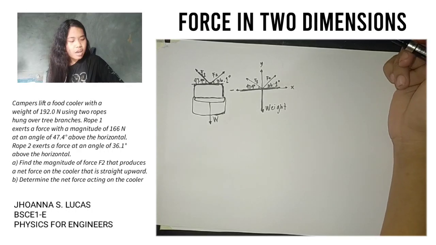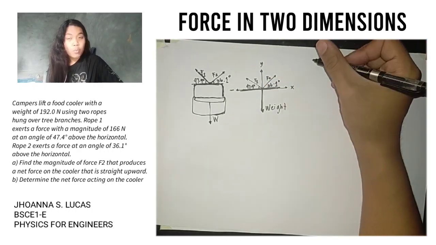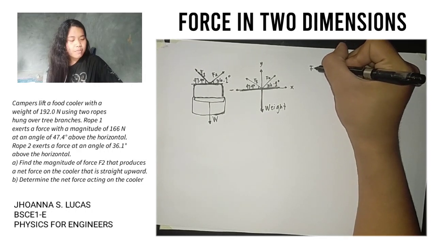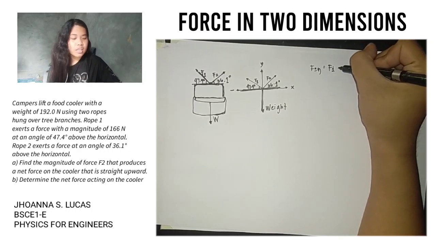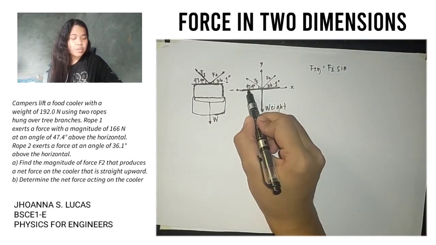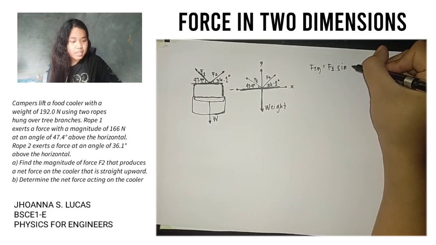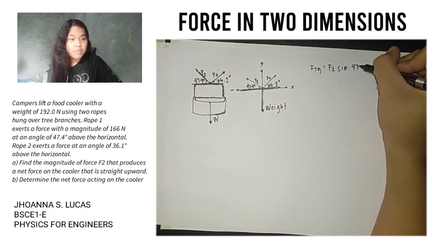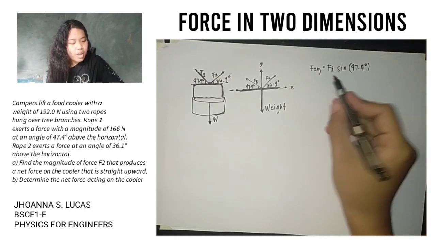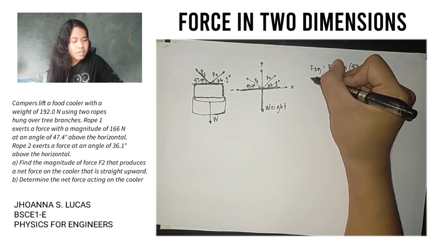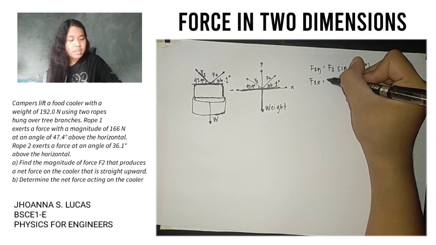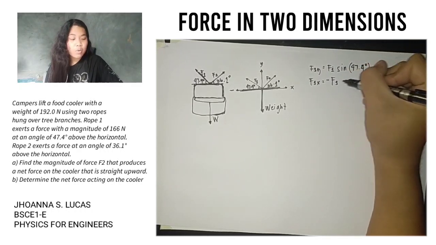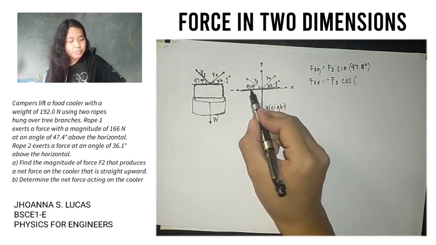So F sub 1y is equal to F sub 1 sine theta, or the angle of the F sub 1, which is 47.4 degrees. So F sub 1y is equal to F sub 1 sine of 47.4 degrees. For F sub 1x, it equals negative F sub 1 times cosine of theta, where theta is 47.4 degrees.